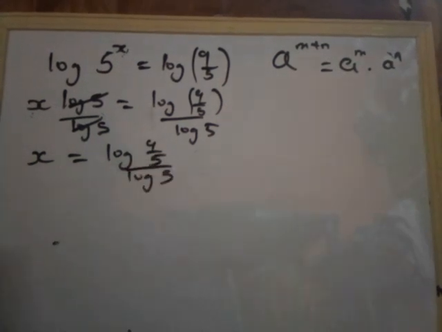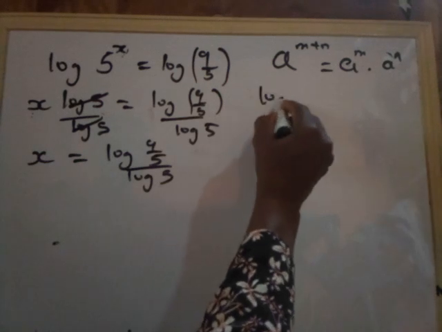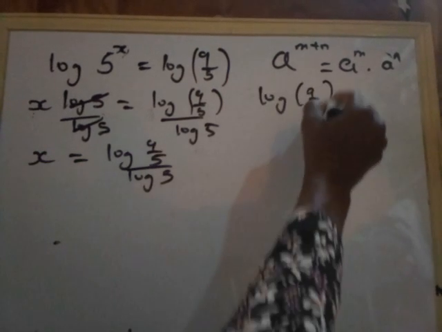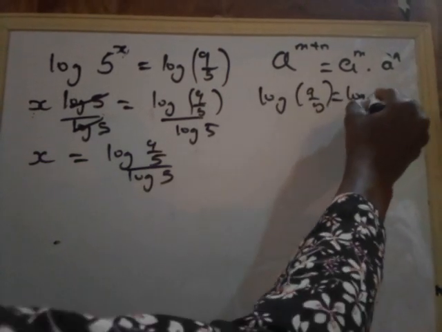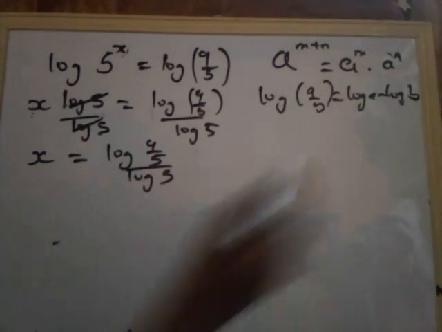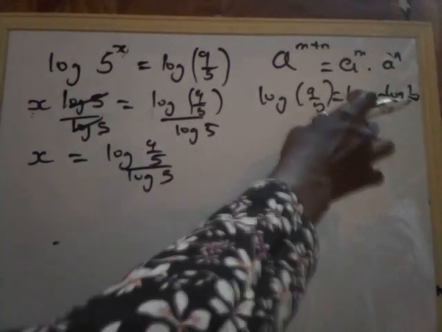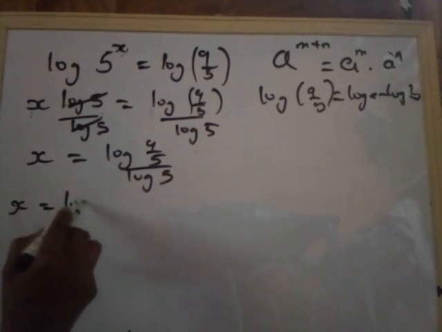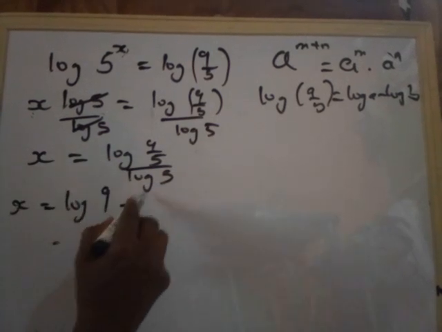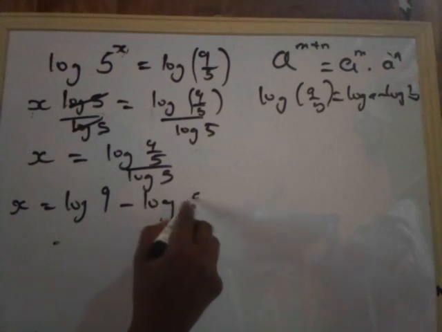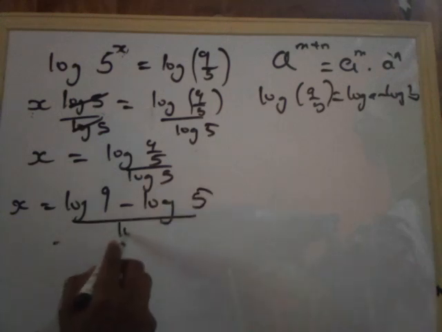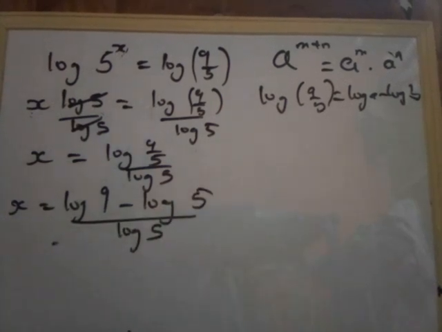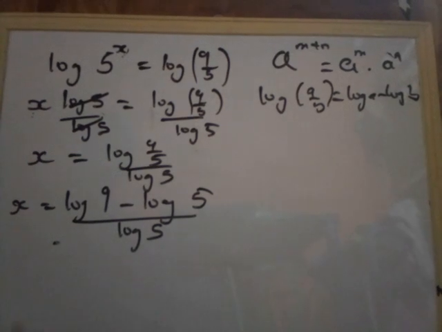Remember that in logarithms, when you have log a over b, it's the same thing as log a minus log b. So we are going to apply this law here. So we have x is equal to log 9 minus log 5 over log 5. So we are going to break it further.